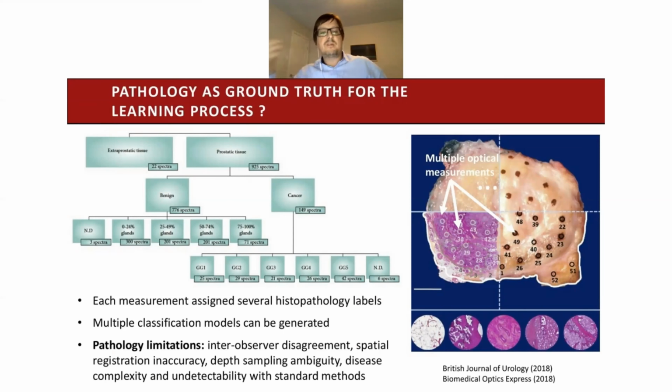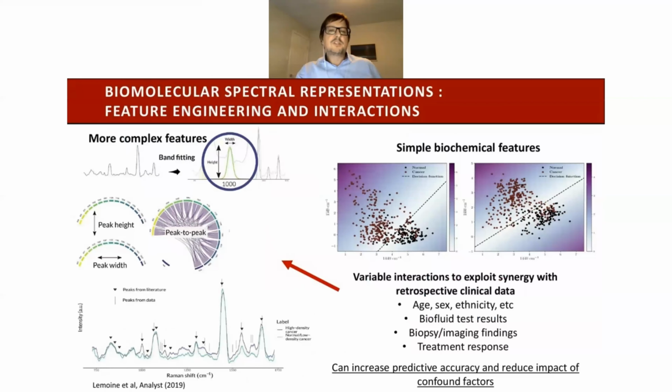For different optical techniques, there can be issues with the depth sampling ambiguity of your optical measurements and where you actually do the pathology analysis. And obviously, you're only as good as the pathology or whatever methods are used to pre-qualify the measurements. So disease complexity and undetectability with standard methods can be an issue in making new models that can be useful. So for us, the key, as I said before, is feature selection.